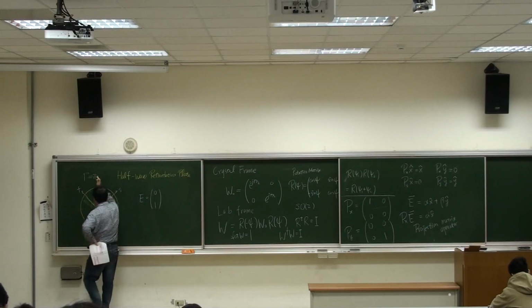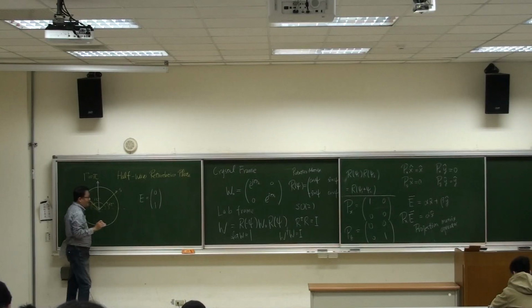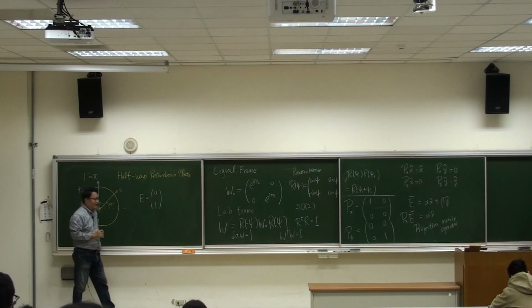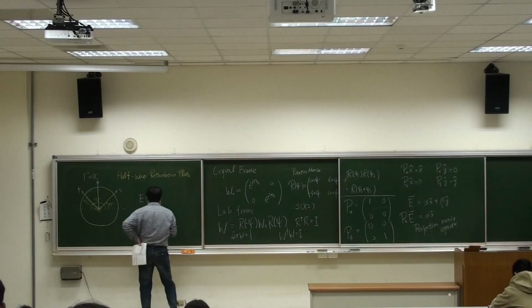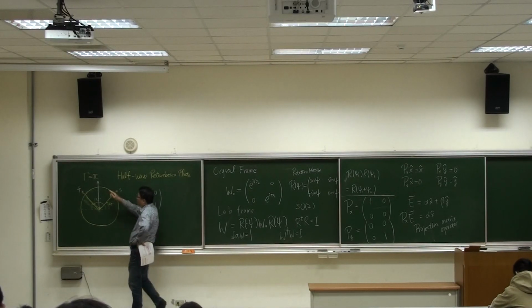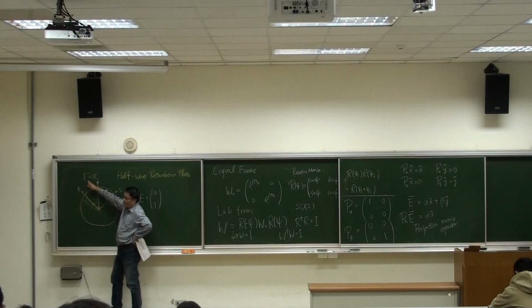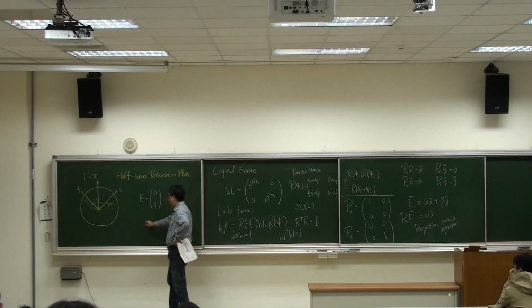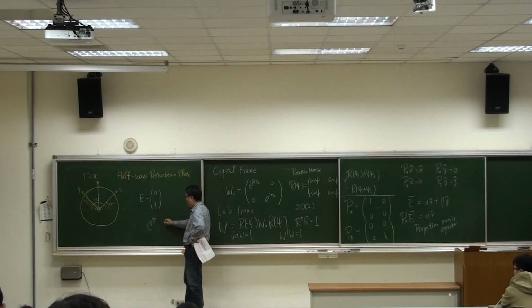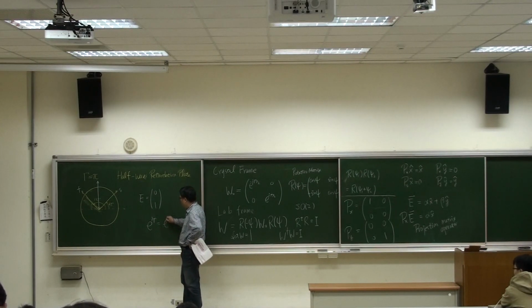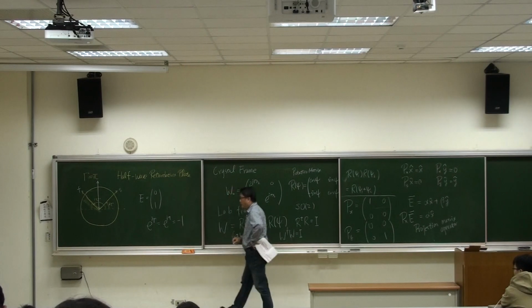Then you can see what the effect of this waveplate on the incident light is. We know that now we have gamma equal to pi. Pi means that exponential i gamma is equal to exponential i pi, which is a negative sign.